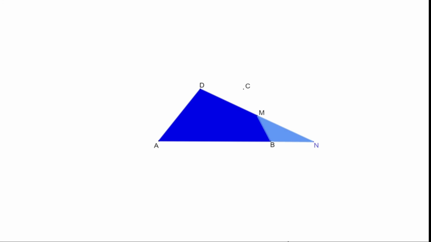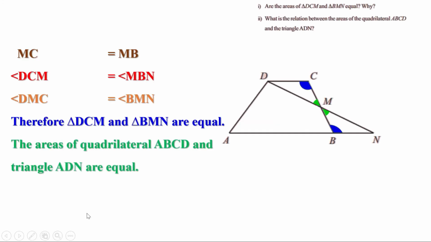Is there any change in the area? No, because we have taken a triangle and we have placed another triangle of the same area. So the total area remains unchanged. That means the areas of quadrilateral ABCD and triangle ADN are equal.